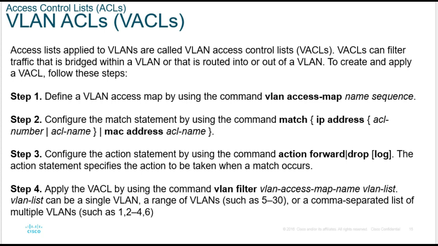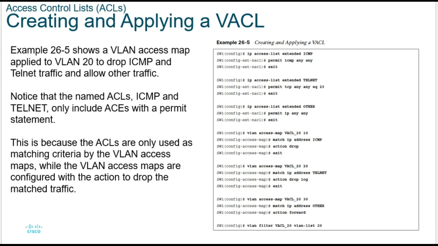And it is quite similar to route map where we have a match statement and then an action statement. To apply the VLAN ACL, we use the keyword VLAN filter. So first we create an access list. For example, here, there is an access list called ICMP, and we want to allow any ICMP traffic.